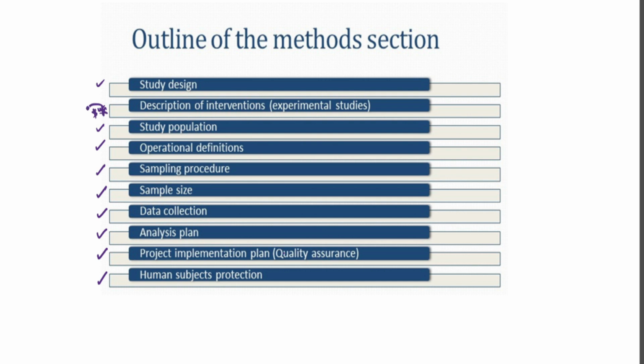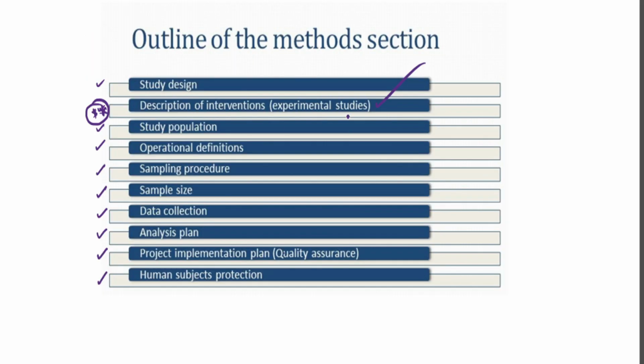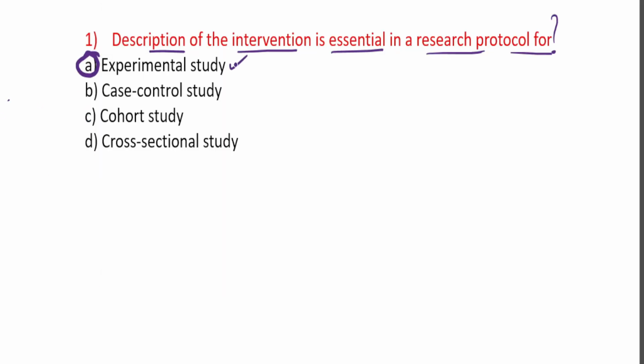In the description of interventions, they have mentioned that description of interventions is also called experimental studies. So in our question, the question was, description of the intervention is essential in a research proposal for what? The answer for our question is experimental studies, given as an option. So we have to take this answer.